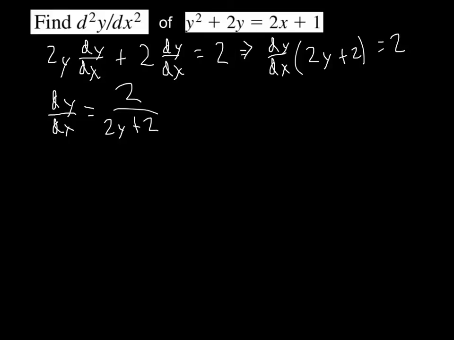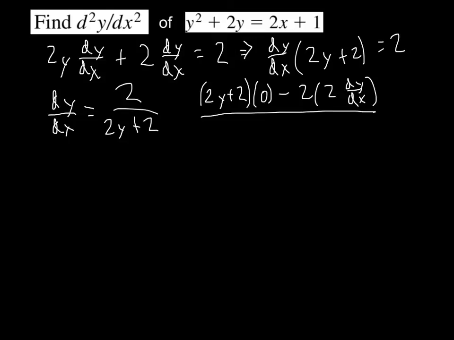So low, 2y plus 2, d high times 0, minus high, d low would be 2, then dy/dx, low d high minus high d low, over low low, okay.